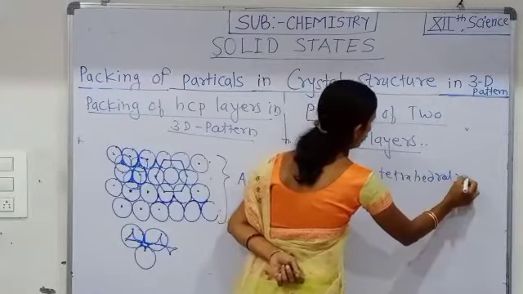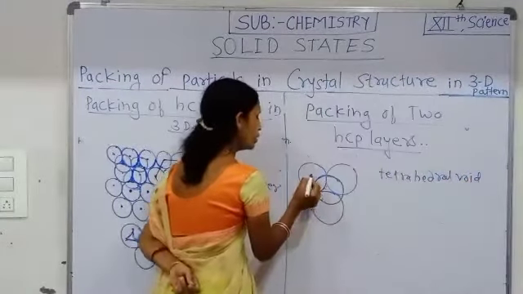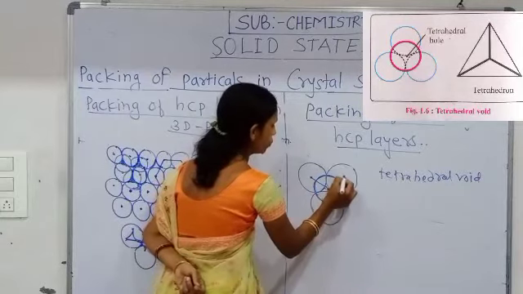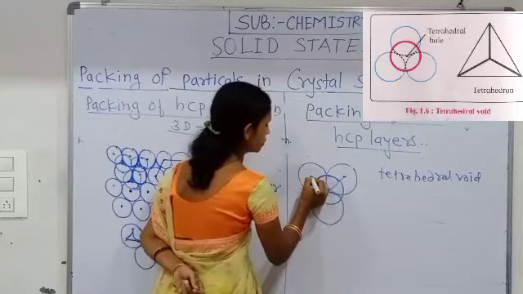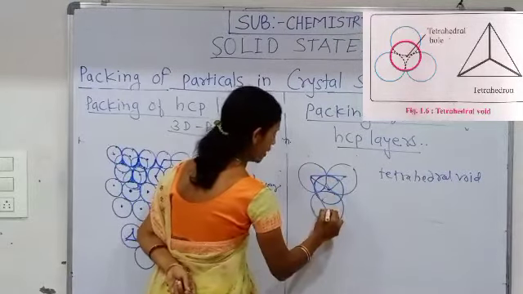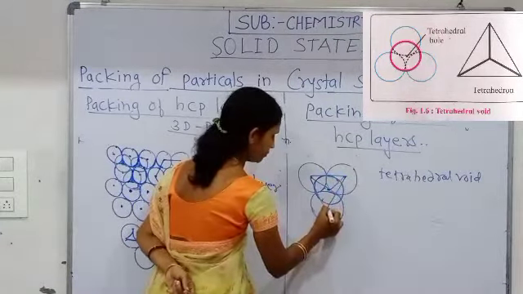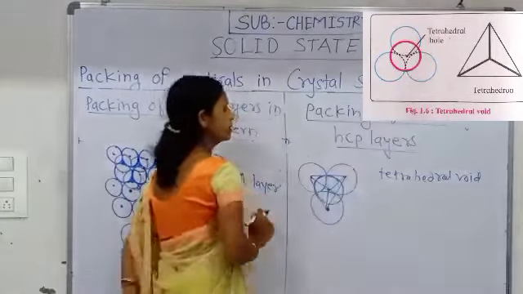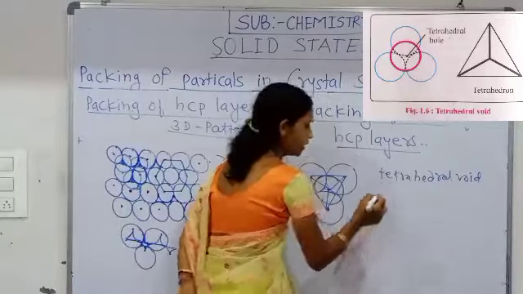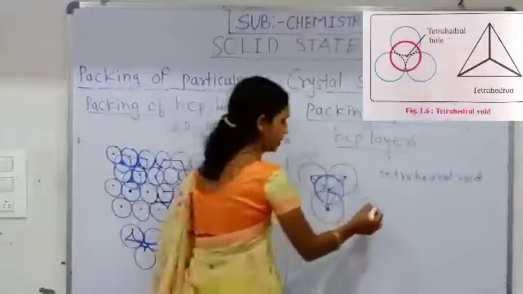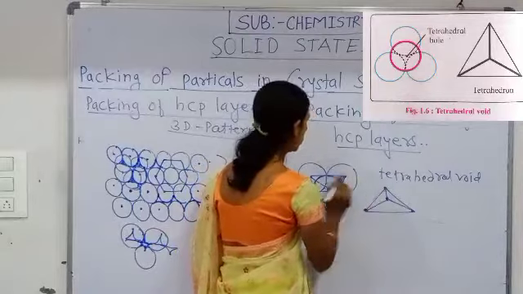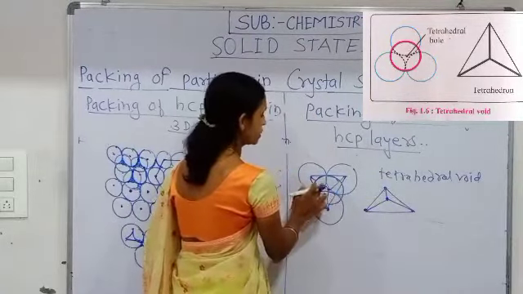Tetrahedral void, because when the centers of these 4 spheres are joined by segments, then the tetrahedron is formed, obtained by joining the centers of those 4 spheres.